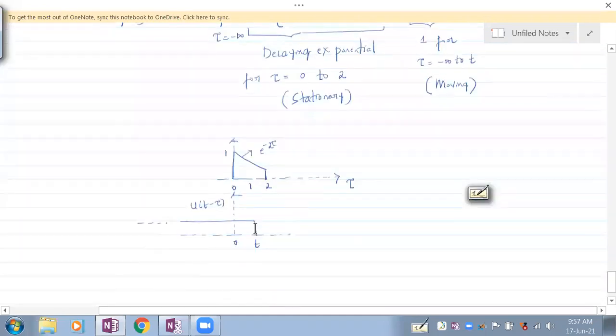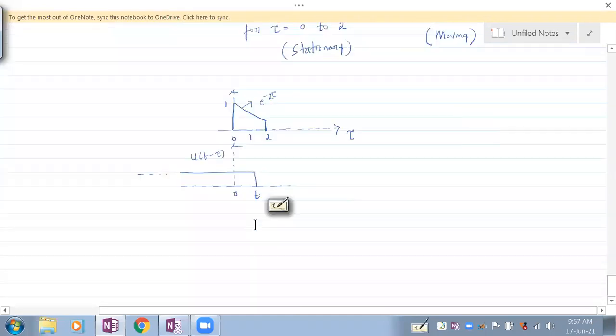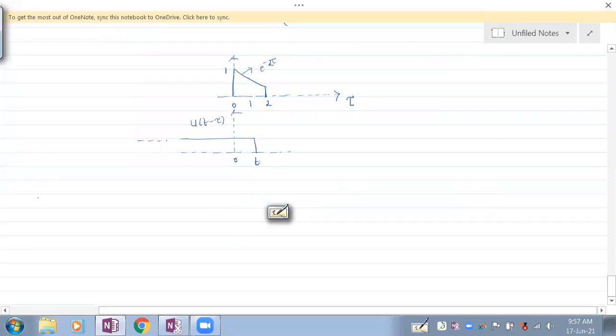It is understood. Fine. Now, what is case 1? No overlapping case. Anybody would like to tell me that? Case 1, t less than 0. So let's write that diagram.